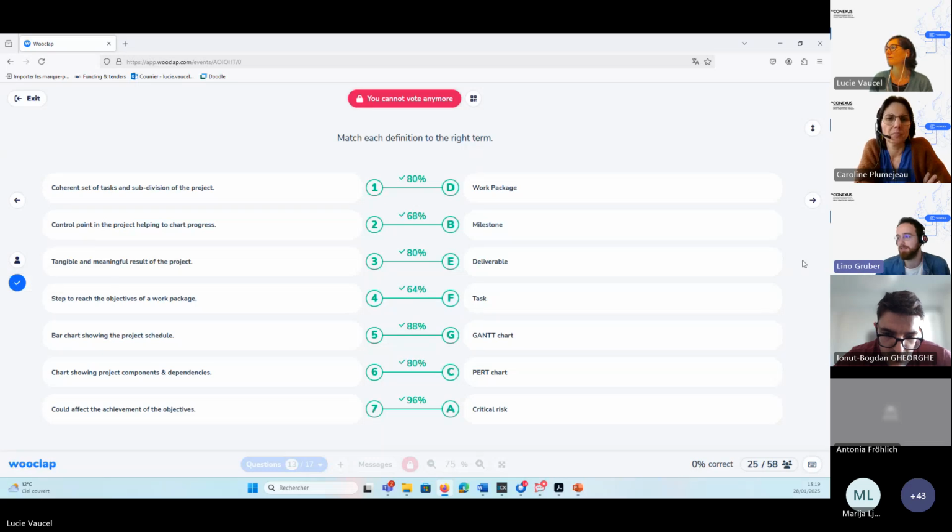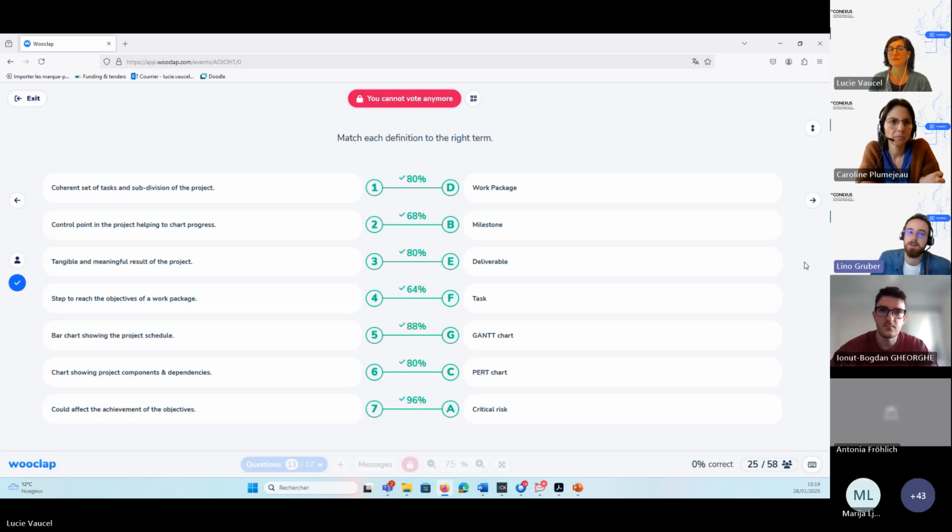Okay, so interesting. Most of you got it right. Almost 80 to 96% right in every match, which is great. So indeed, work packages are a coherent set of tasks, and we can call them major subdivisions of projects.